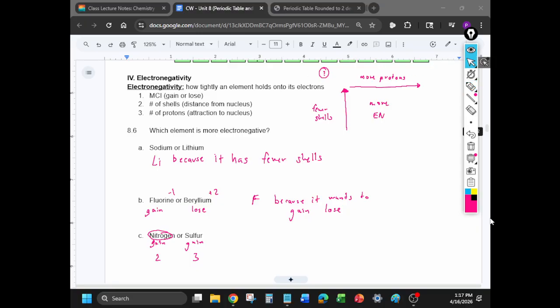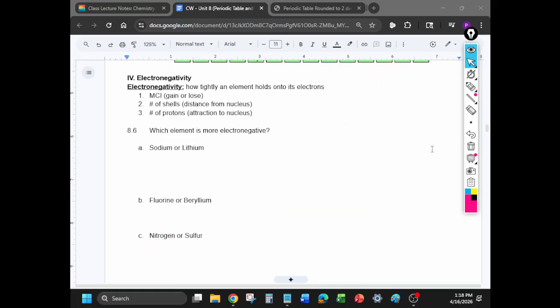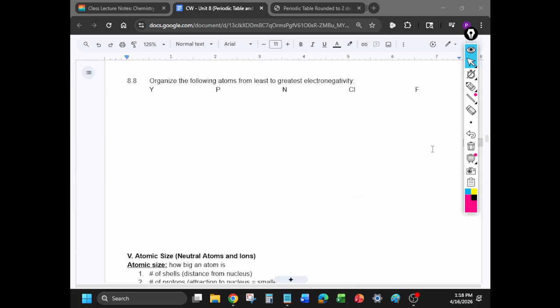All right. The last thing that we're going to do is the last problem, and this is the final type of problem on your assignment, and you will have a question like this on your test, so I wanted to go over it. The trend is as you go up and to the right, they become more electronegative. You're going to be given multiple elements, and you need to put them in order from least to most electronegative.